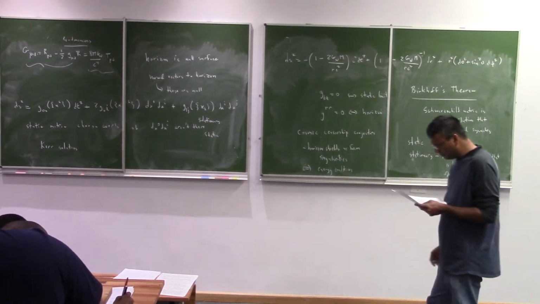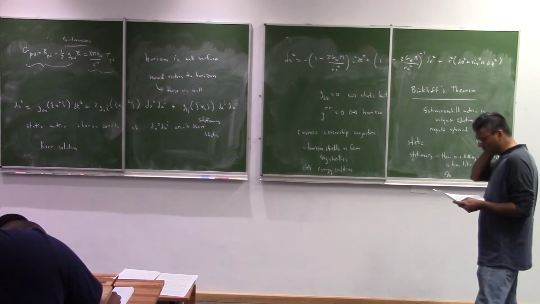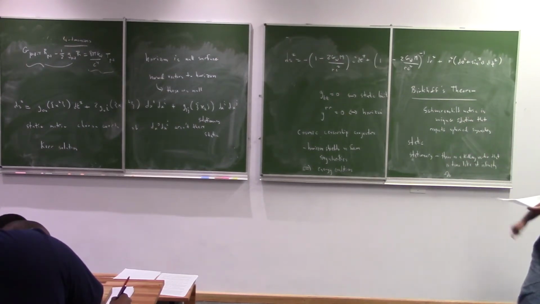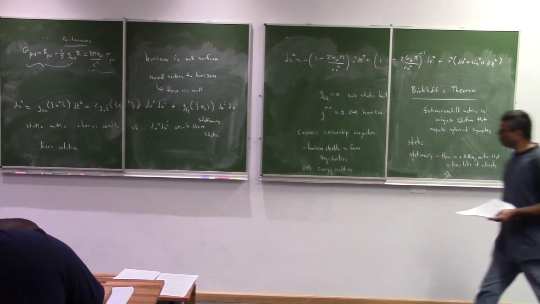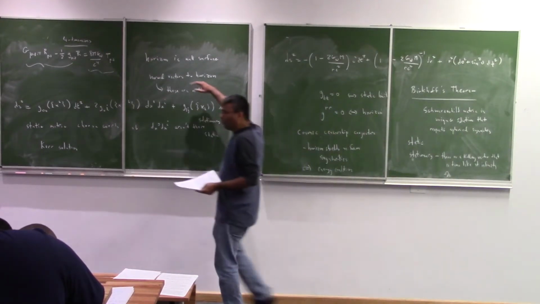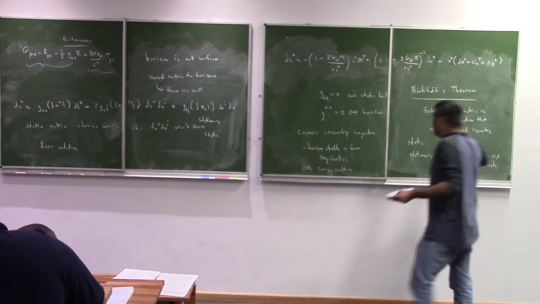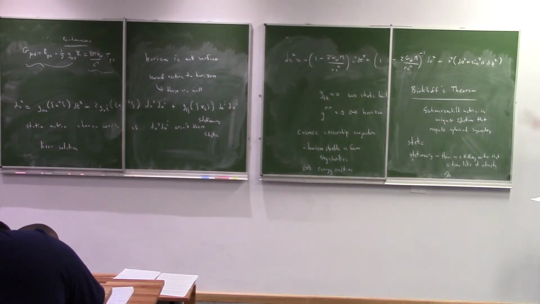We define a stationary solution as one with a time-like Killing vector at infinity. Why not a time-like Killing vector on the horizon? Well, it's a convenient way of looking at the space-time.